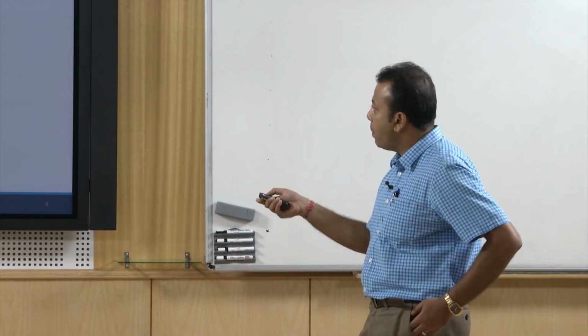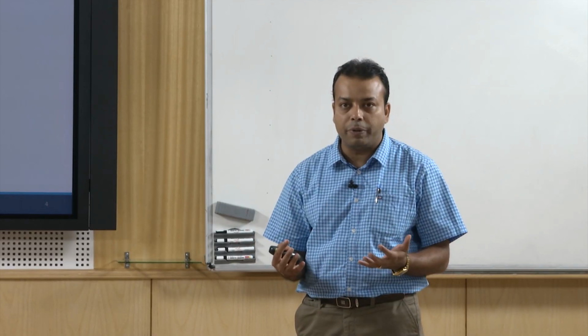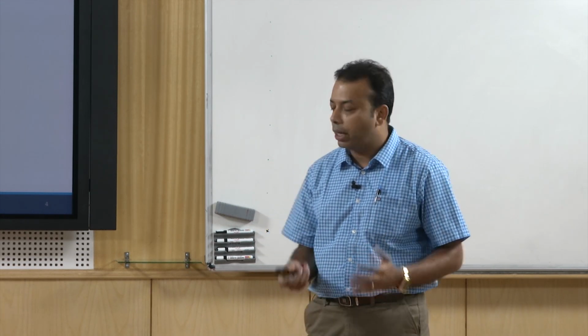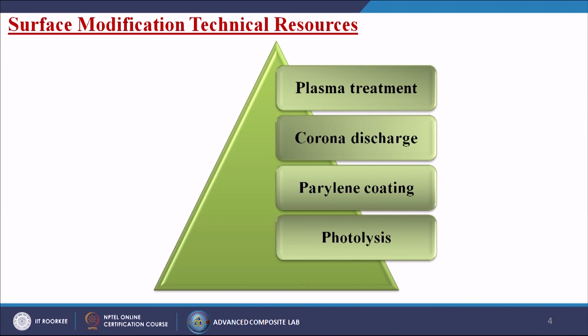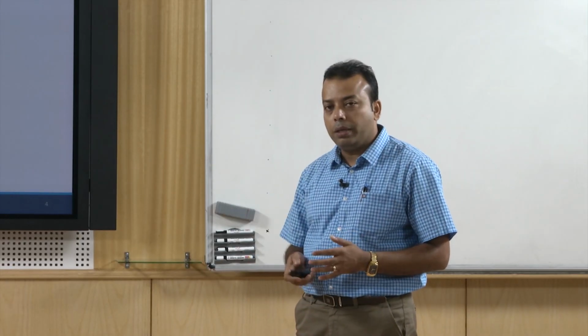First one is the plasma treatment, which you can adapt for doing the surface modification. Then the corona discharge, then parylene coating and photolysis. In depth, in the next slide we are going to discuss these 4 surface technical resources.